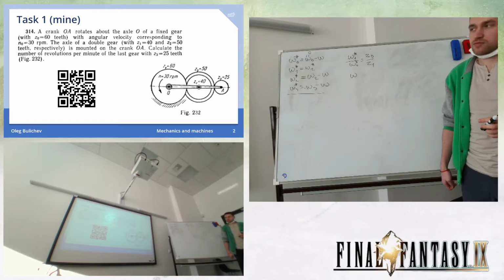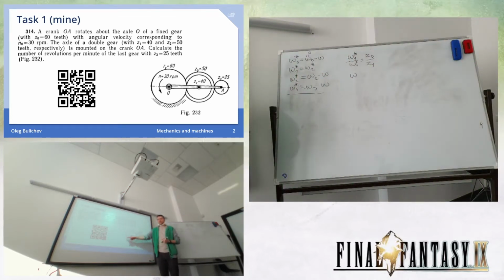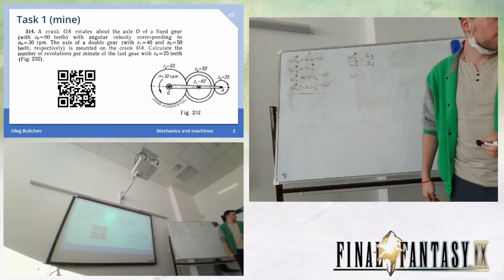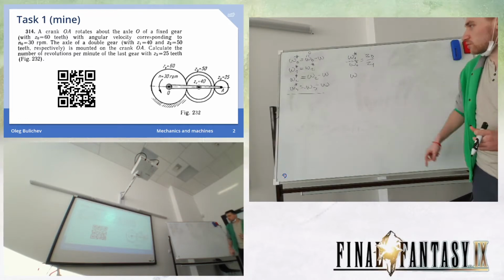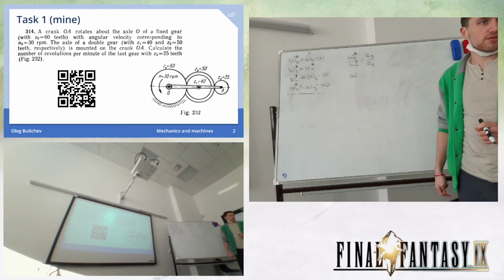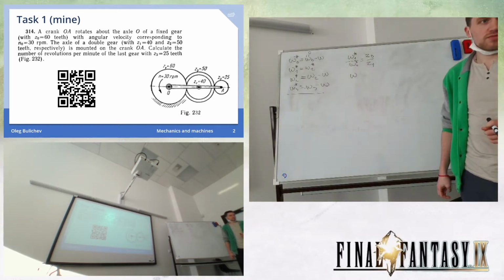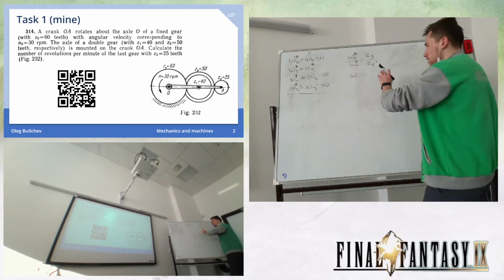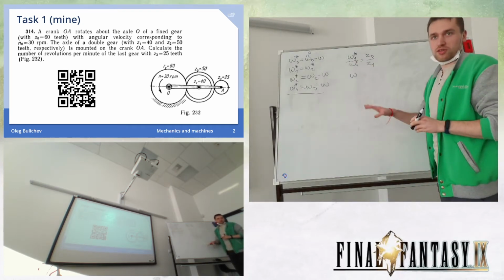The number of teeth of the second is Z0. It should be minus. If it rotates in a different direction, it's minus. If in the same, it's plus. We'll discuss it later.